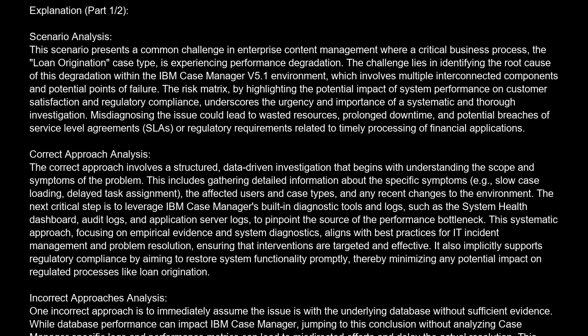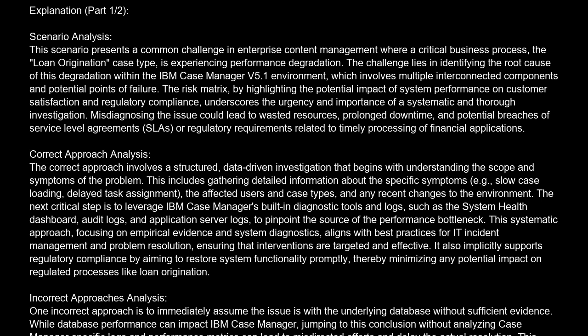The risk matrix, by highlighting the potential impact of system performance on customer satisfaction and regulatory compliance, underscores the urgency and importance of a systematic and thorough investigation. Misdiagnosing the issue could lead to wasted resources, prolonged downtime, and potential breaches of service-level agreements, SLAs, or regulatory requirements related to timely processing of financial applications.